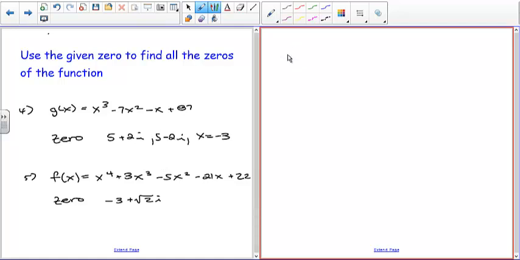Okay, same thing. So if one of the x-intercepts is negative 3 plus the square root of 2i, the other complex zero is negative 3 minus the square root of 2i. So we're going to multiply those together.